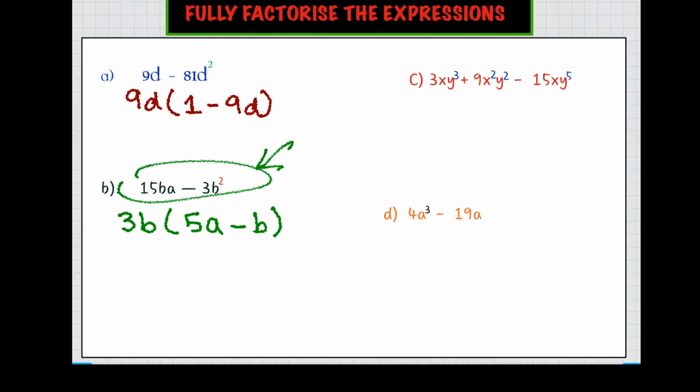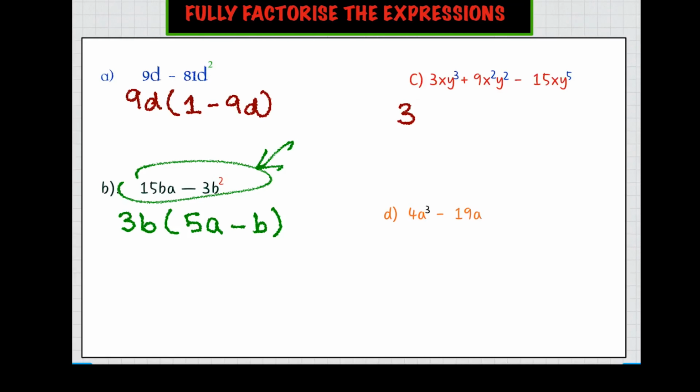Let's do this next question, part C. 3xy cubed plus 9x squared y squared minus 15xy to the power 5. What I need to do is basically look for the highest common factor in all these three terms. I know we got 3, 9 and 15. So for all these numbers, the highest common factor for 3, 9 and 15 would be 3. Then I'm gonna now look for the x terms.